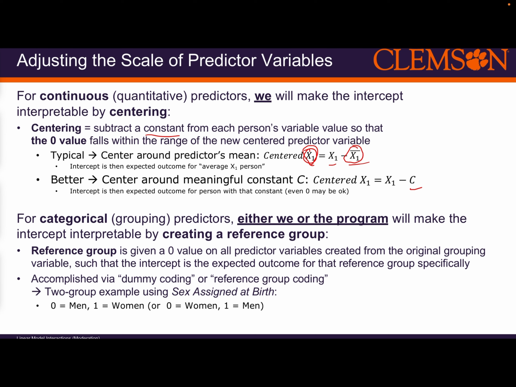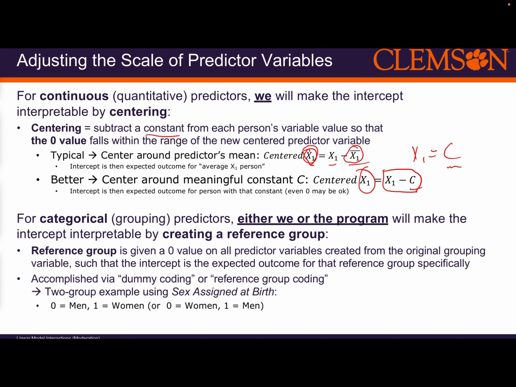So now, if we centered, x1 has to be 0 when x1 equals c. So c now represents the value that the intercept covers. It's the expected score for someone at a value of c. Expected, let's say, whatever outcome for a person who's 5 foot 6 inches tall.